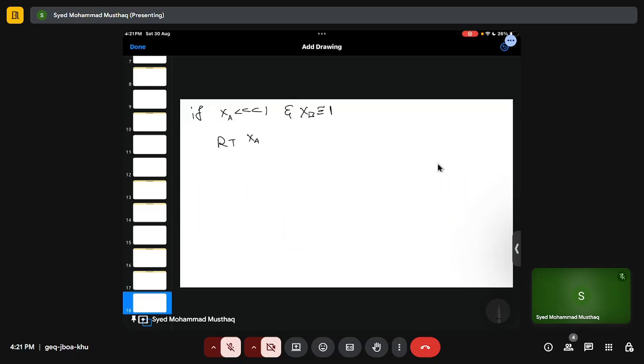XA at R equals R, and at R equals infinite, XA at R equals infinite.